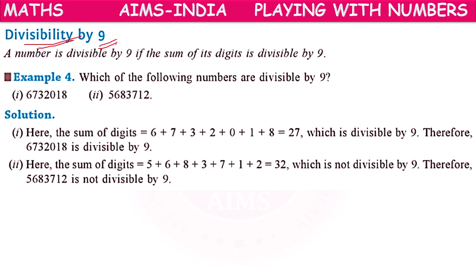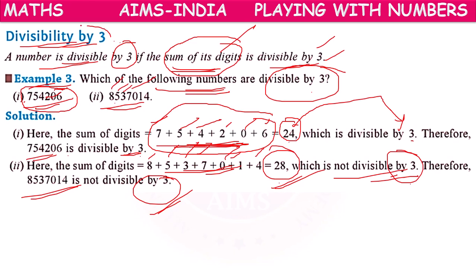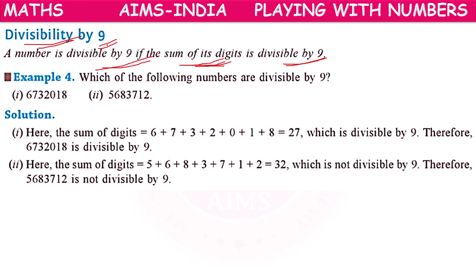Next, divisibility by 9. A number is divisible by 9 if the sum of its digits is divisible by 9. The rule for 9 is the same as the rule for 3. So which of the following numbers are divisible by 9?